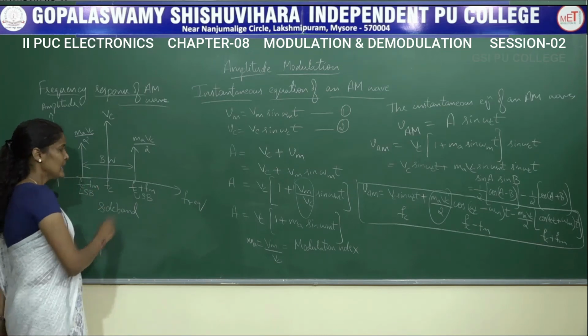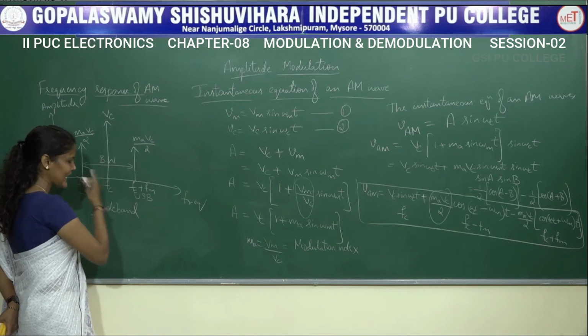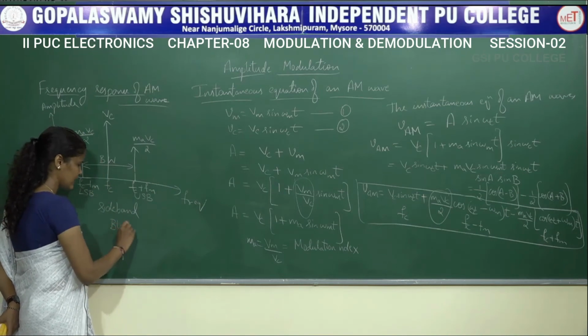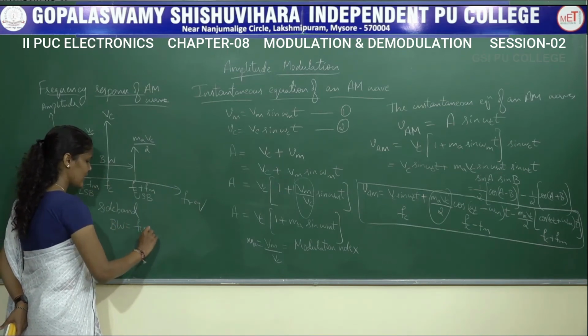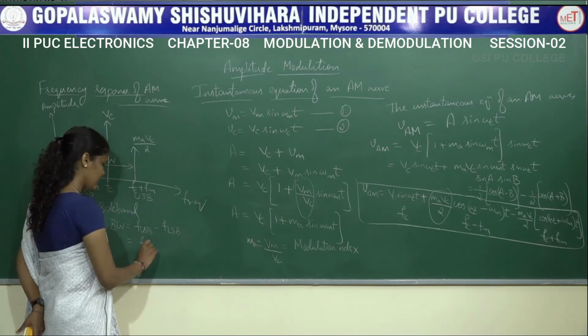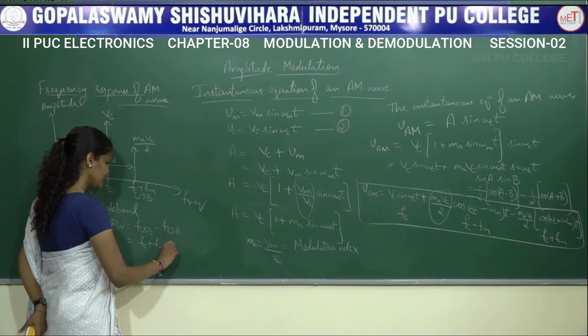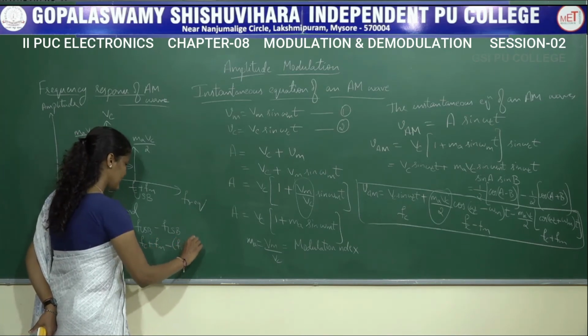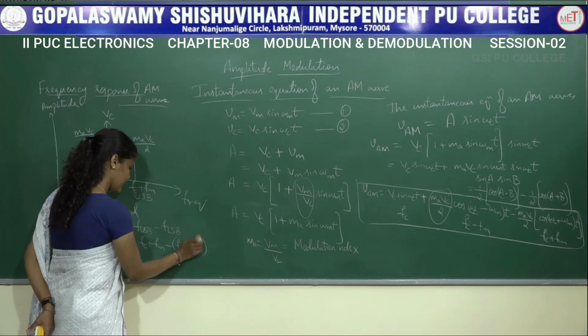fc plus fm is the frequency of the upper sideband, fc minus fm is the frequency of the lower sideband. If I want to calculate the range between these two, that is the bandwidth, it is FUSB minus FLSB, which is equal to fc plus fm minus (fc minus fm).